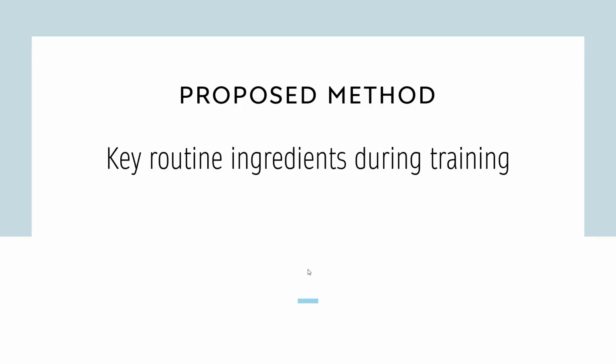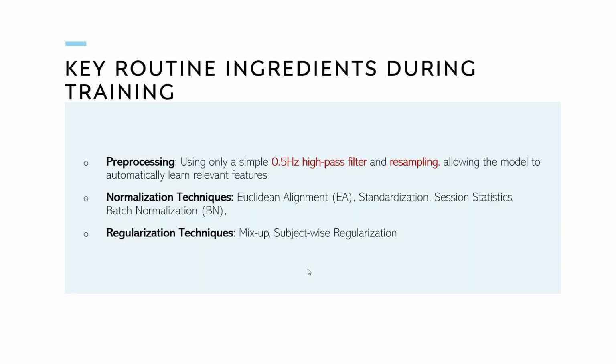Next, I'm going to talk about the key ingredients of the training routine. The first step is pre-processing. The authors adopt a minimalist approach using only a simple 0.5 Hz high-pass filter and resampling, allowing the model to automatically learn relevant features.